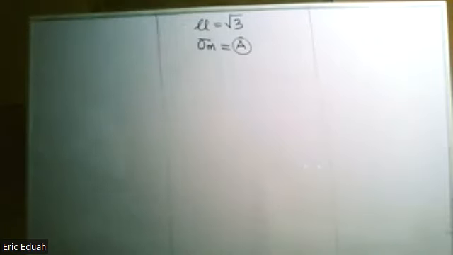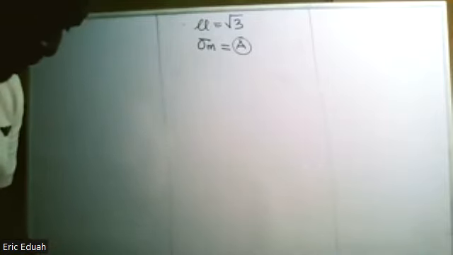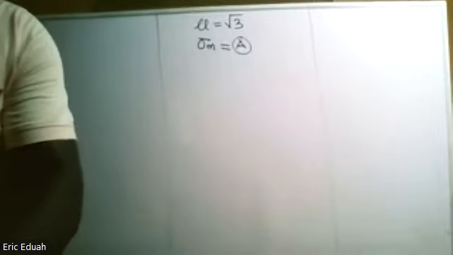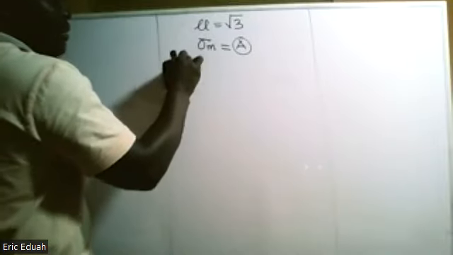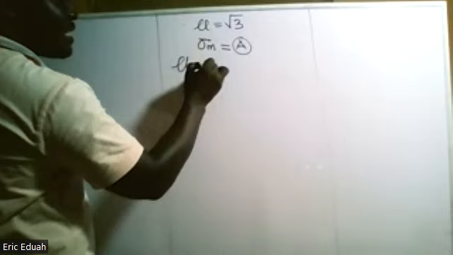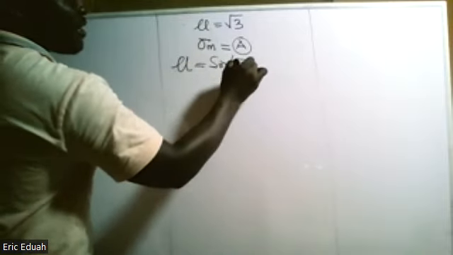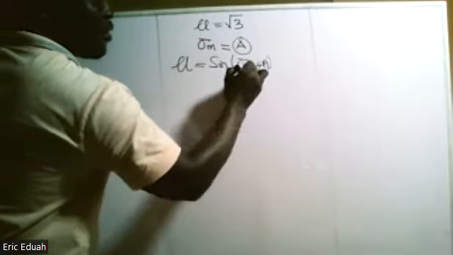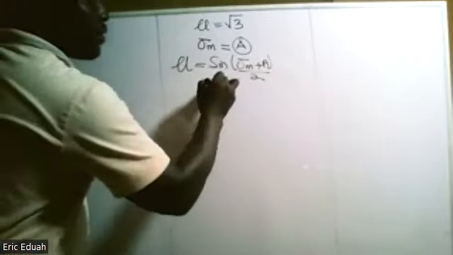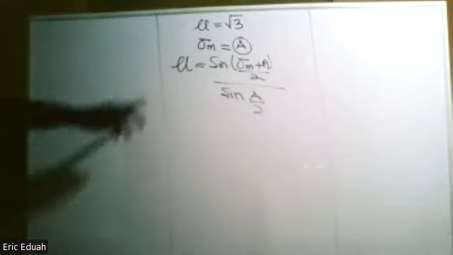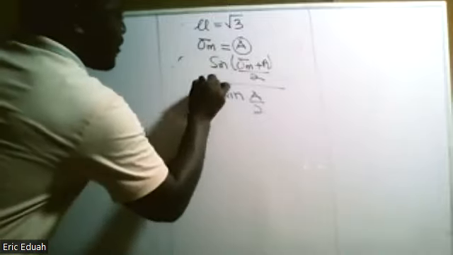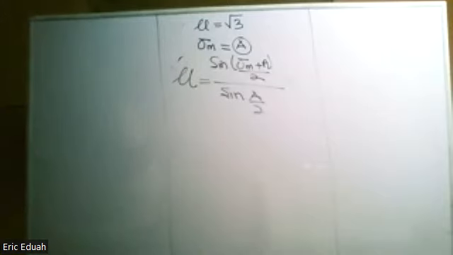Now, the question is saying to find the angle of the prism, A. Once it's about minimum deviation, then I can say that sine of (δm plus A) all over 2, over sine of A over 2, must be equal to the refractive index, because the question is about minimum deviation.